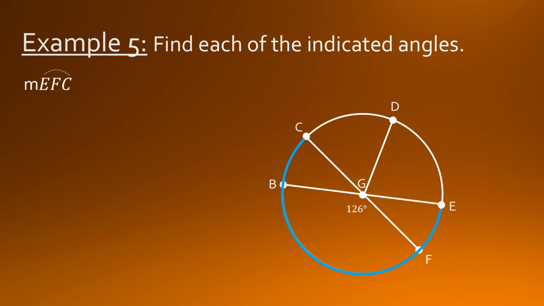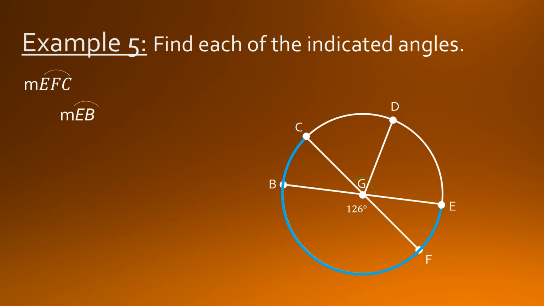We also note that CF is a diameter of the circle. That means that CF is half of the circle, 180 degrees. So to find the missing piece, we can say 180 minus 126 to get the remaining piece of BC. BC is 54 degrees.